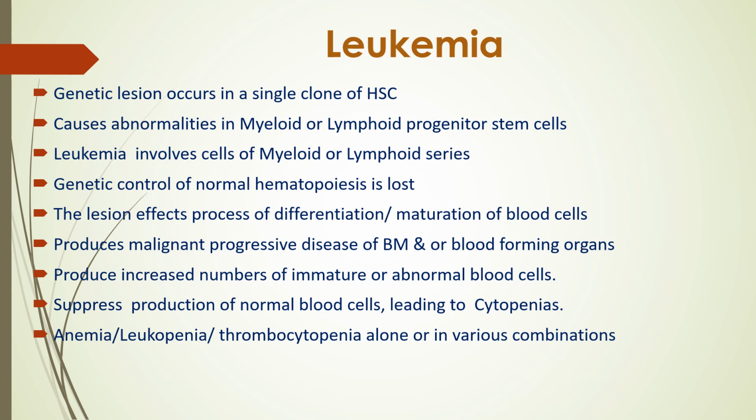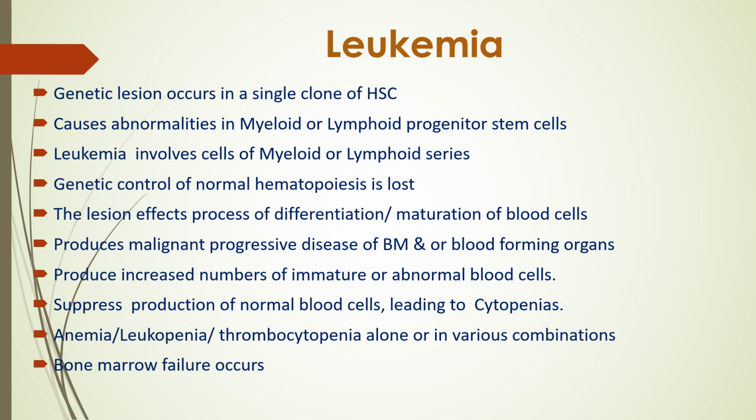And basically, as far as leukemia is concerned, especially acute leukemia, leukopenia is the term referred for neutropenia, that is there is a decreased number of neutrophils in the peripheral circulation. Thrombocytopenia, decrease in number of the platelets either alone or in various combinations, but ultimately all cytopenias occur.